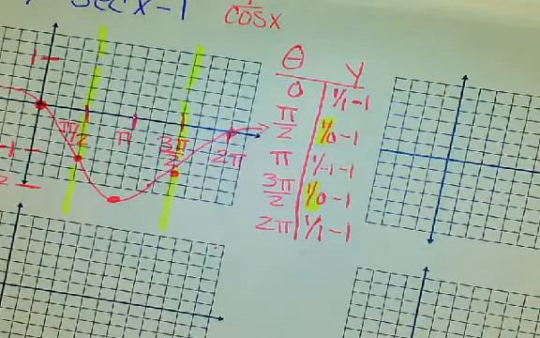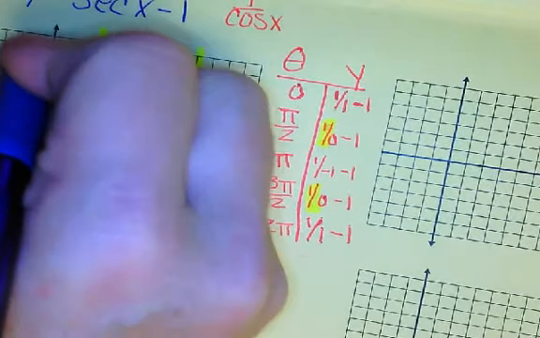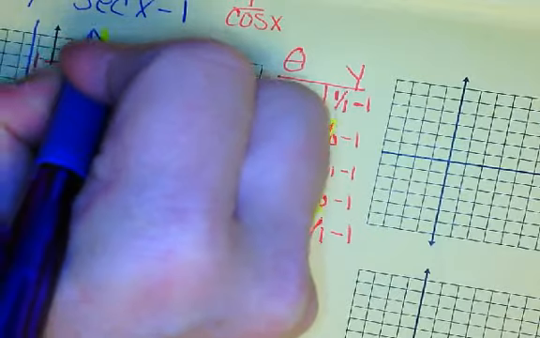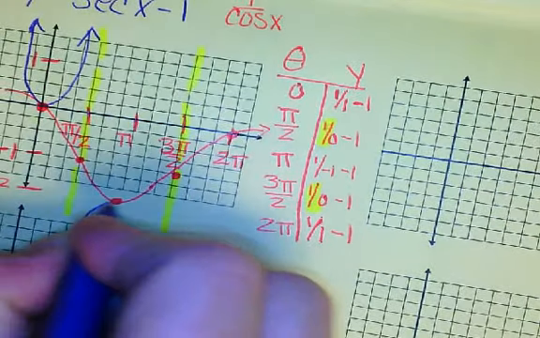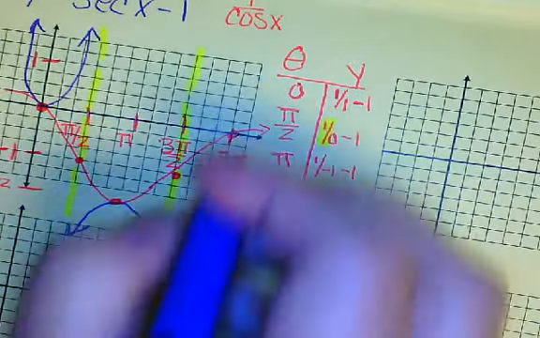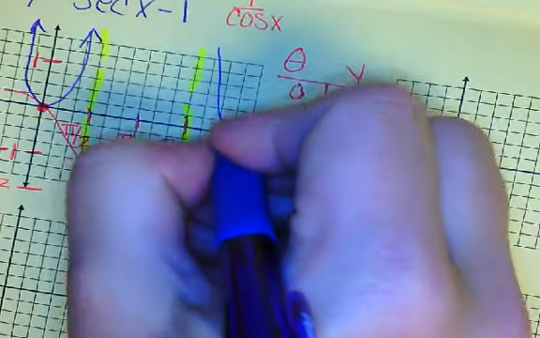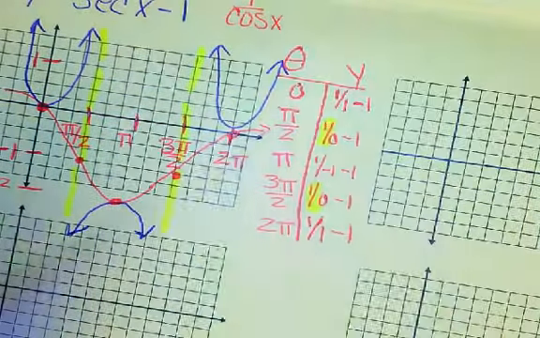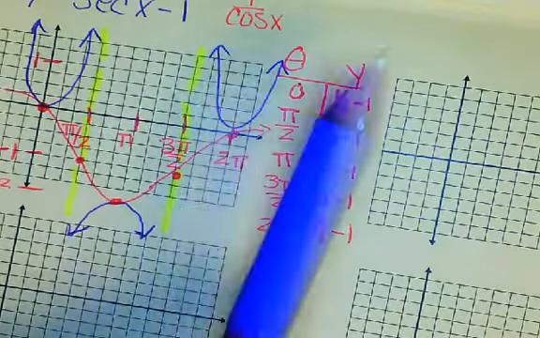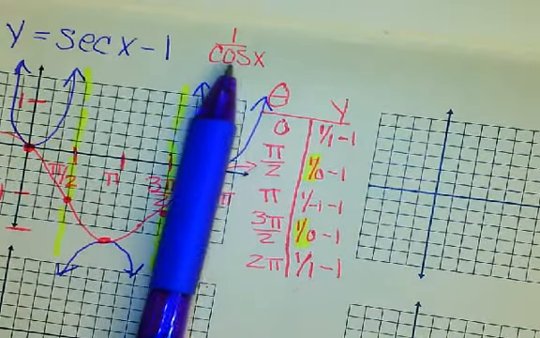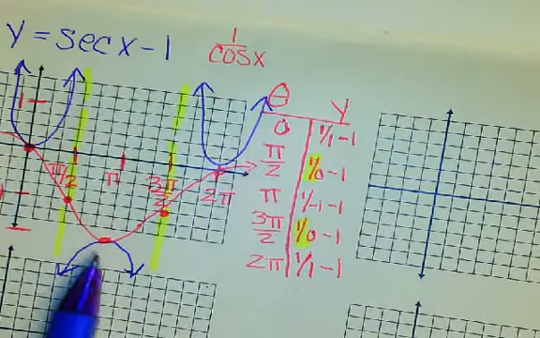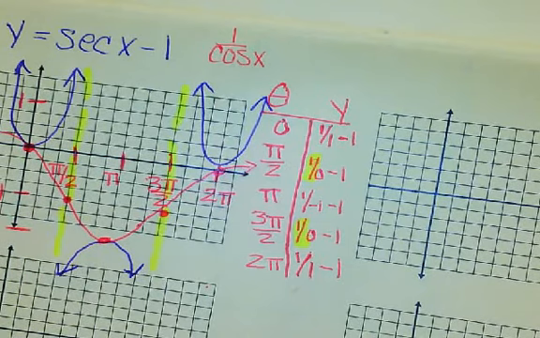So then here, I'm going to now put the secant graph. So this is the secant graph. This is where the asymptotes come into play. So basically with these, just move the graph down 1, and then you just do your little offshoots here.